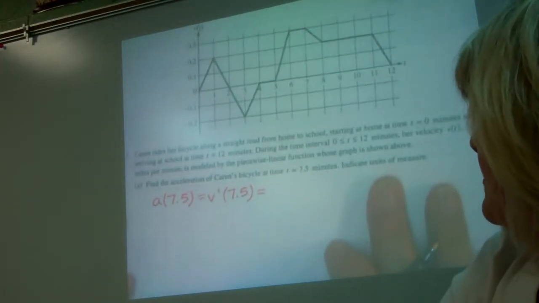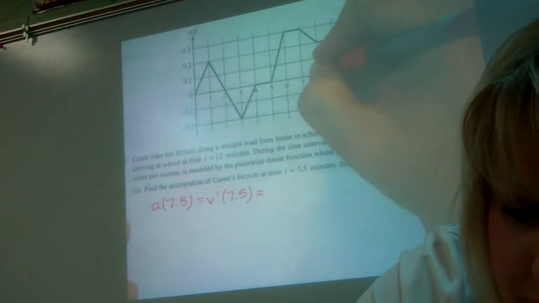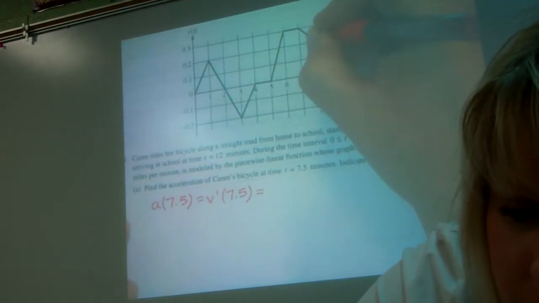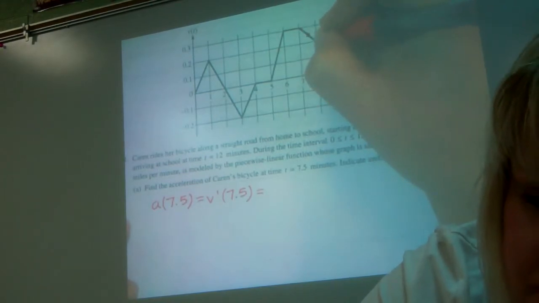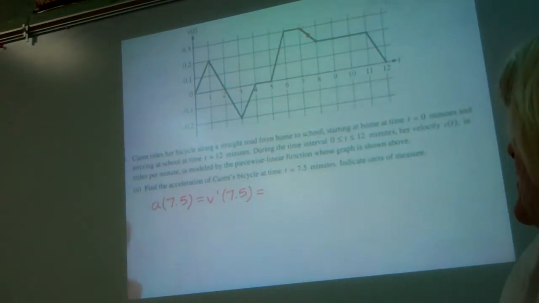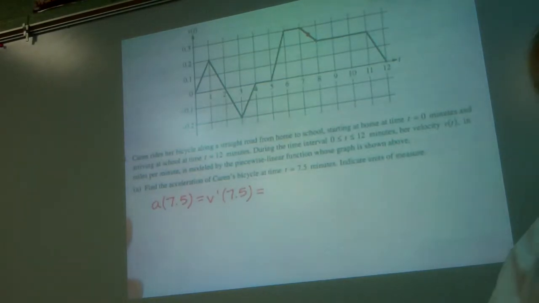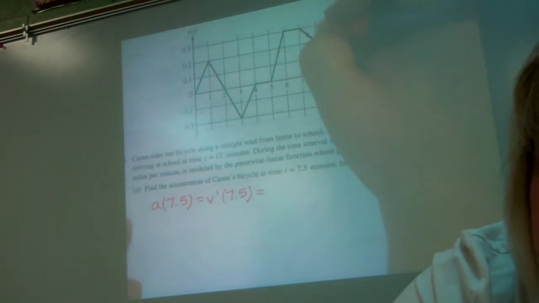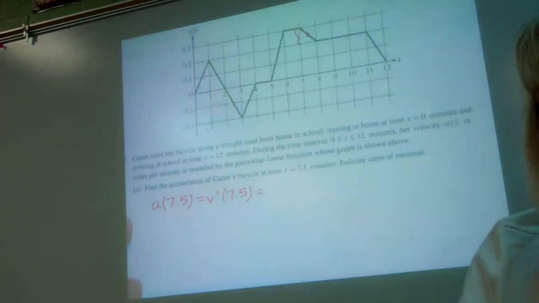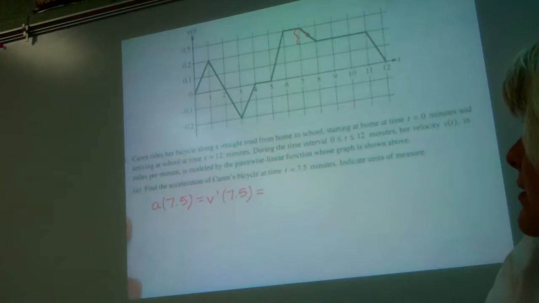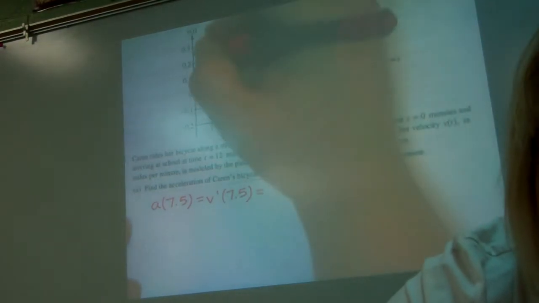So if I come back up here, 7.5 would be right here. So the slope's going to have the same slope as this little piece of this piecewise function. The slope of this little piece is down 0.1, right? Because the units over here are 0.1 miles per minute.